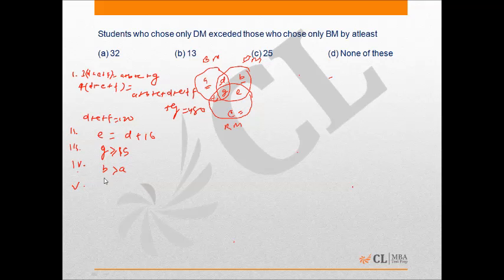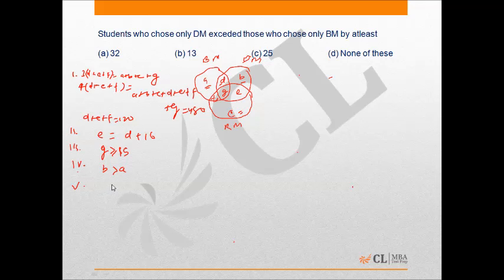Coming to statement 5th, the number of students who chose both BM and DM but not RM, that is D, was at least one fifth and at most one third of those who chose exactly two subjects.